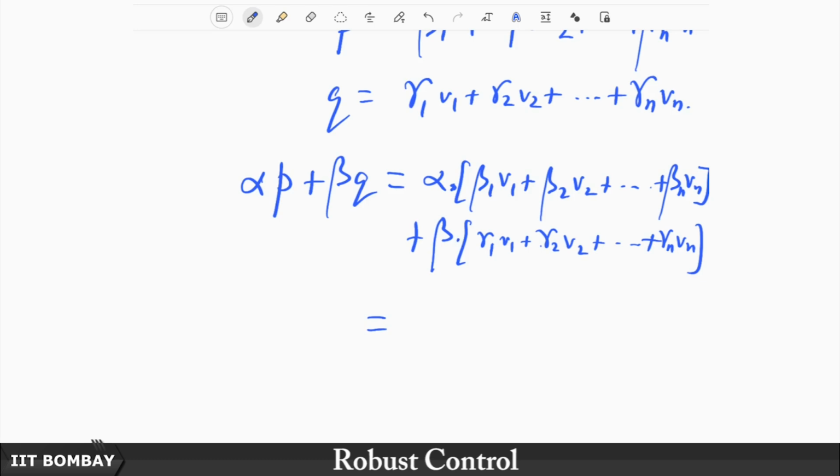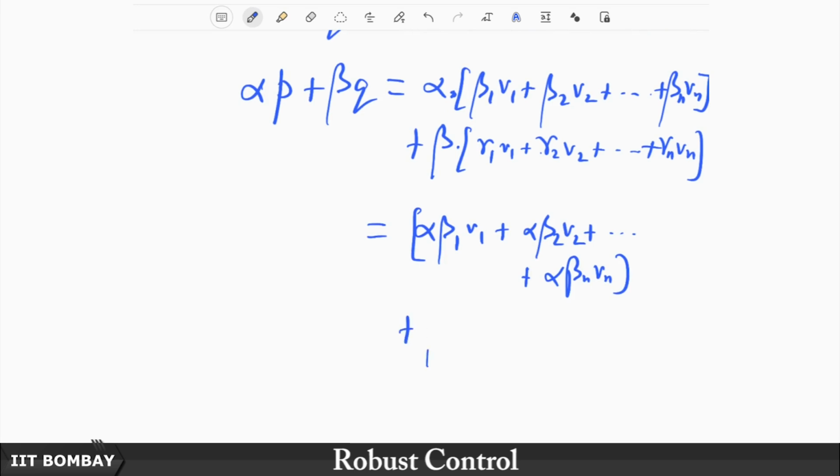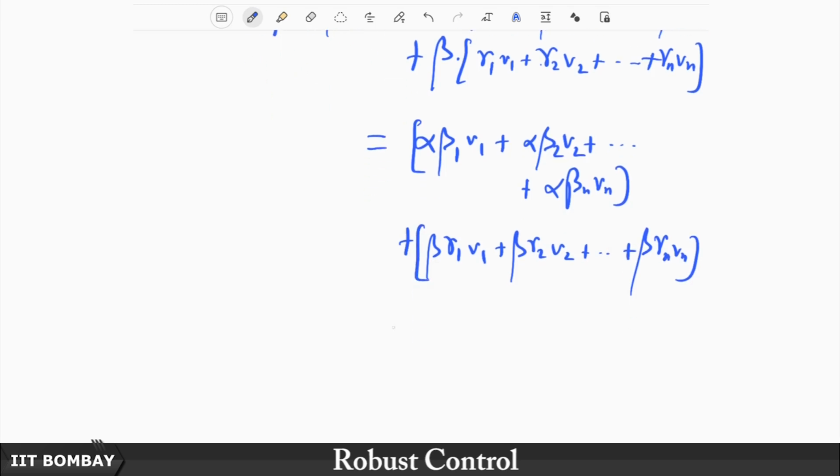All right. So then what we can write is alpha beta 1 V1 plus alpha beta 2 V2 plus till alpha beta n Vn, plus beta gamma 1 V1 plus beta gamma 2 V2 plus beta gamma n Vn. Now we collect together the coefficients of V1, V2 and so on, and you can immediately see what picture we have.